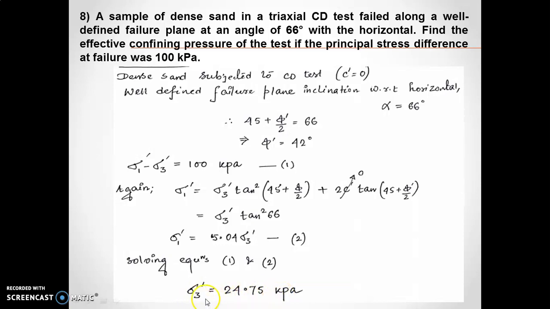Once you get sigma 3 dash, you can calculate sigma 1 dash also, but it is just asked to calculate the effective confining pressure. Confining pressure is nothing but sigma 3, and this is effective confining pressure. So sigma 3 dash is equal to 24.75 kPa. Okay, I hope all of you understood. Very simple.